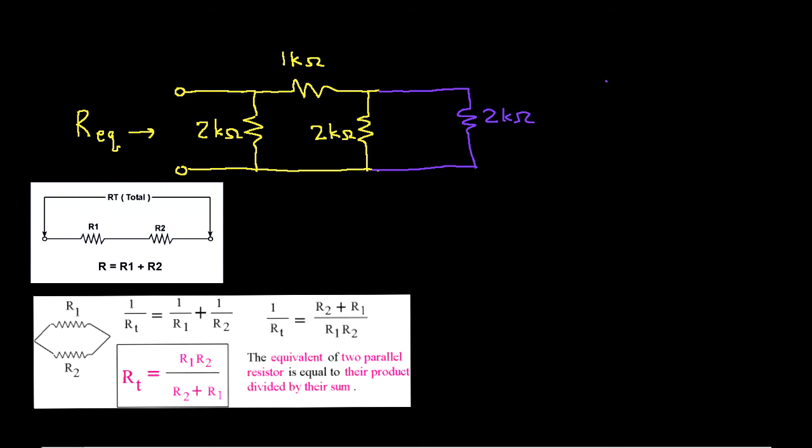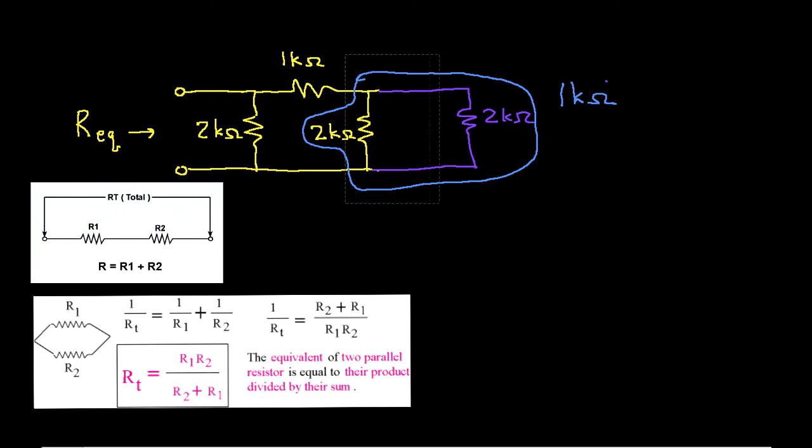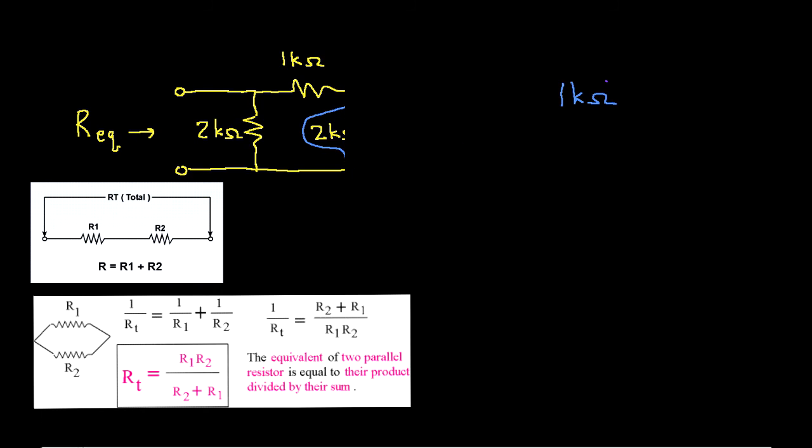If I now look for things that I can combine, again, I find that I have this 2 k ohm resistor and this 2 k ohm resistor in parallel. So without repeating the computations that I just did for 2 k ohm resistors in parallel, I would have the equivalent resistance here of 1 k ohm. So we'll chop off the two and replace them by 1 k ohm.